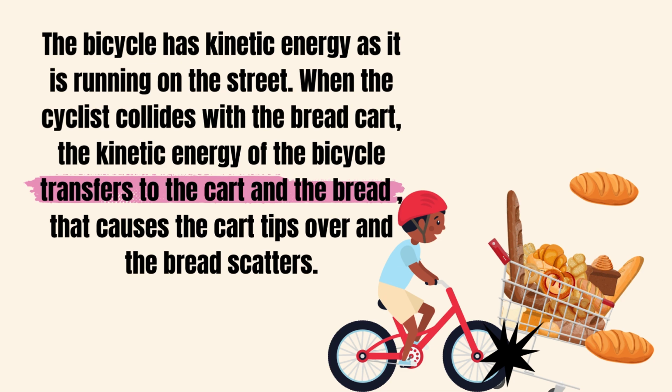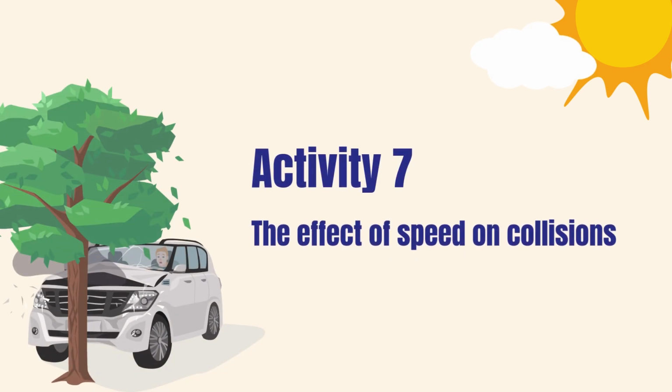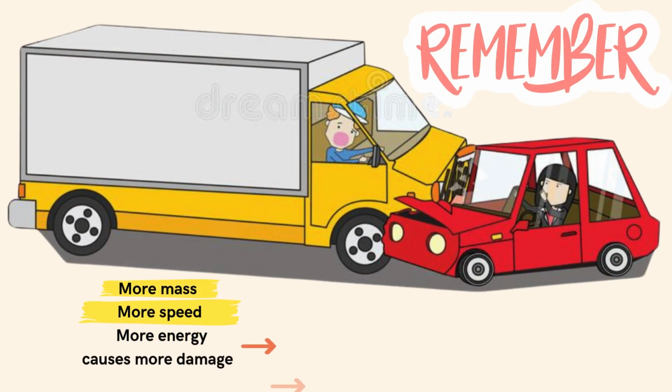Okay? Here we have activity 7, the effect of speed on collisions. Remember what we said in the first lesson? We said that the truck has more mass, more speed, more energy, so the truck causes more damage. Yes?